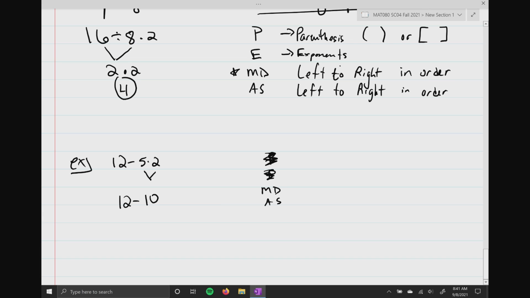Notice when I connect them, the result is directly underneath. So then I read it one more time. 12 minus 10. I didn't say multiplication nor division, so I scratch it out. And now, addition and subtraction. I got subtraction. 12 minus 10 is 2. And circle it. Notice there are no equal signs anywhere in here, and that is because I am not solving. I'm simplifying.